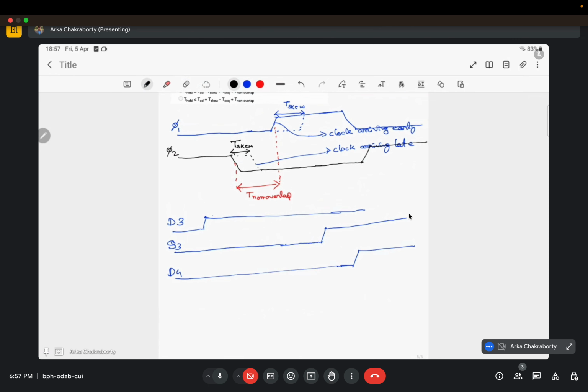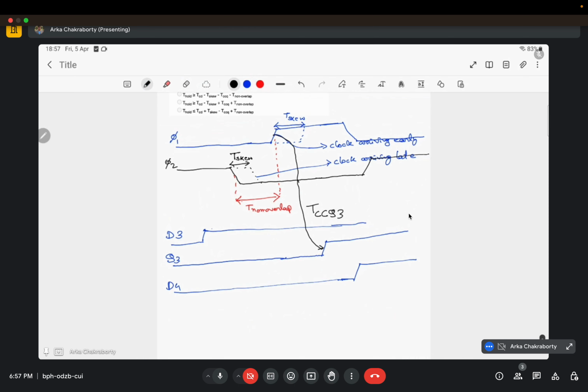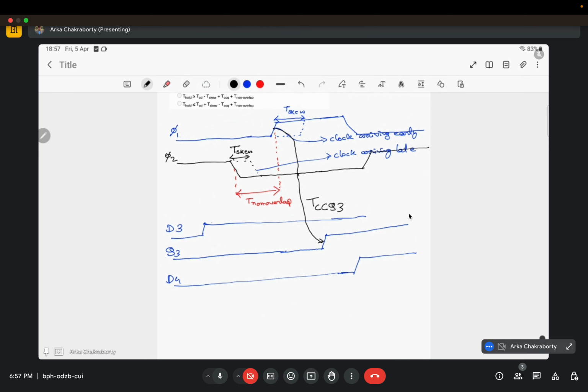Okay, so first of all, this delay would be T, as we are considering for hold time, so it would be contamination delay. So T contamination clock to Q3, correct? Contamination clock to Q3, and this delay would be the contamination delay, because Q3 to Q4 there is only combinational circuit present in between.